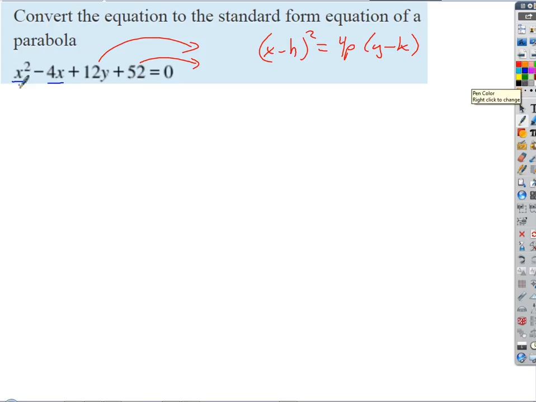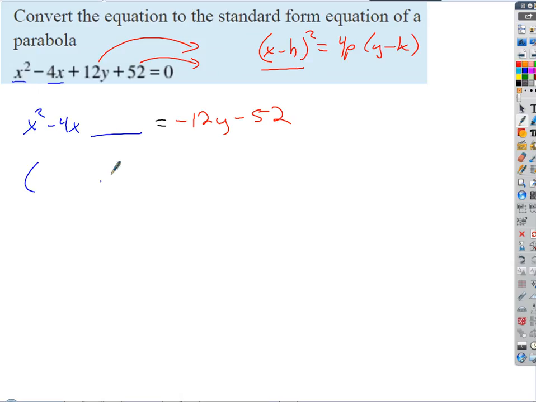And so we're going to complete the square with these x terms. We're going to end up with x squared minus 4x equals negative 12y minus 52. Now we need to complete the square for these x terms so that we can get something like (x minus h) squared.